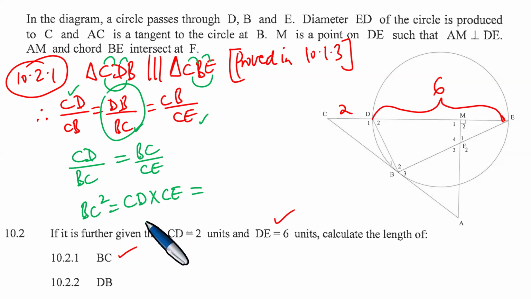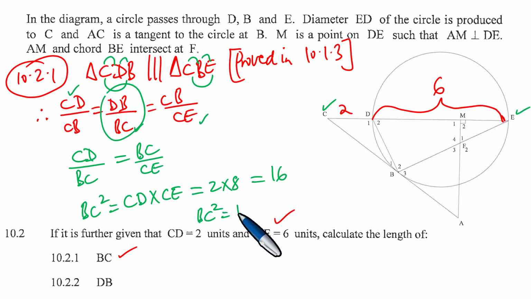So what is CD? CD is 2. And what is CE? CE is 2 plus 6, which is 8. And then what is 2 times 8? It's 16. As a conclusion, BC squared is 16.